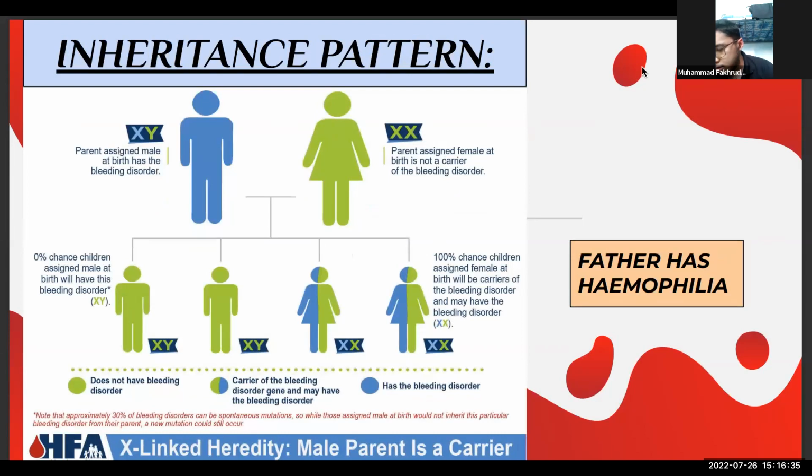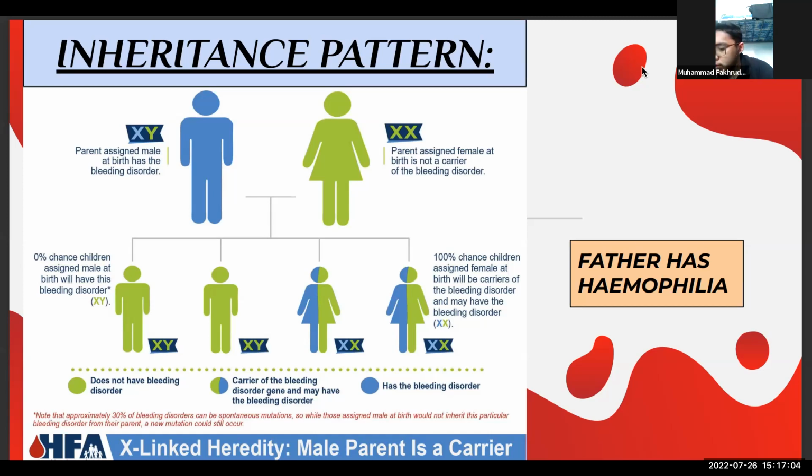Okay, next slide. In this slide the father has hemophilia. Meanwhile, the mother does not have hemophilia or is not a carrier. So the chance of the male children to have bleeding disorder or hemophilia is 0%. And meanwhile, there is 100% possibility for female children to be a carrier.